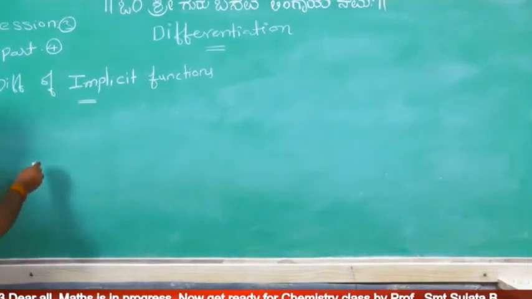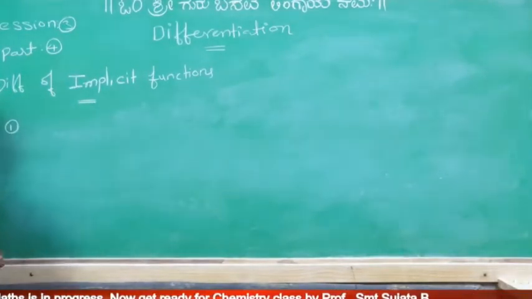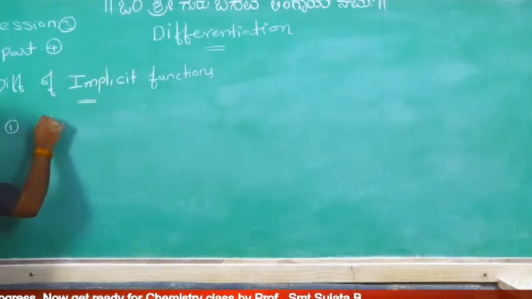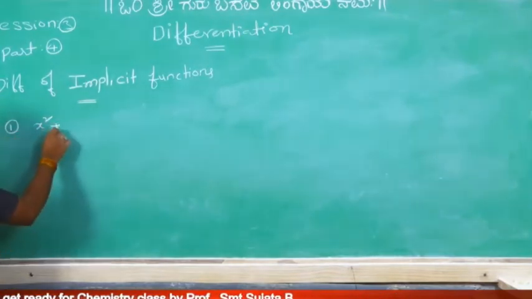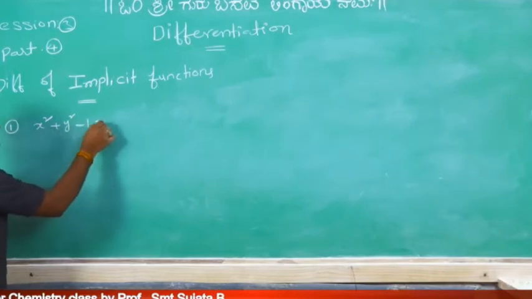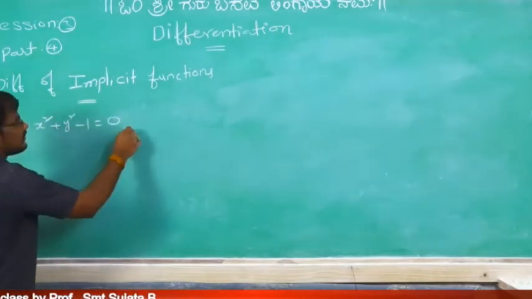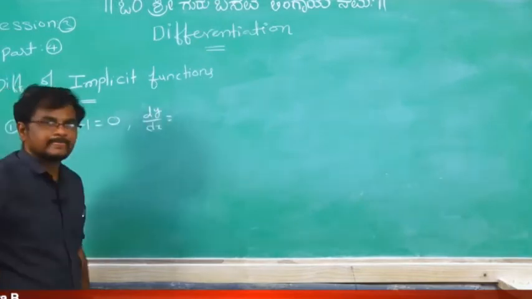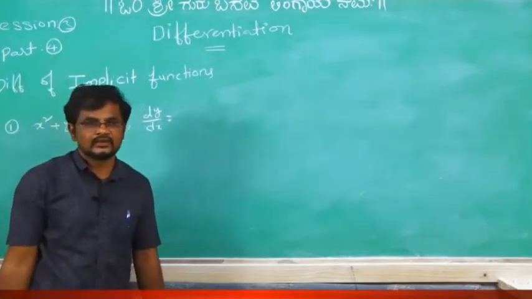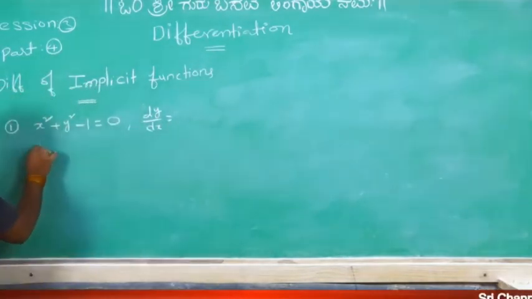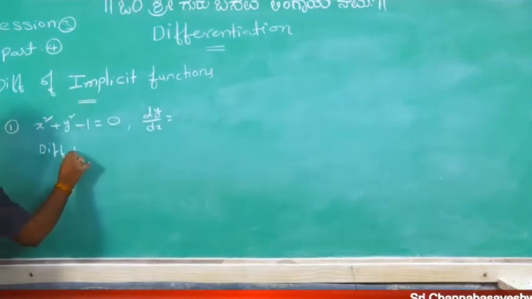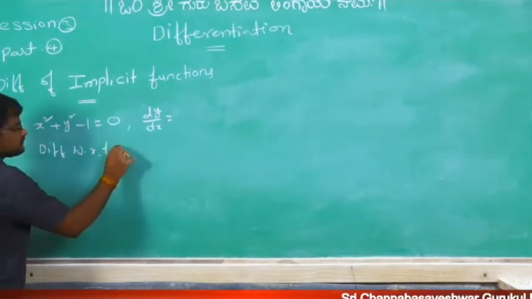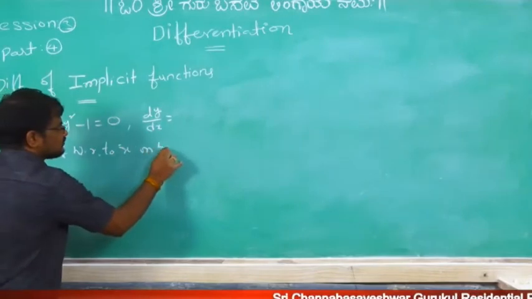Now implicit functions examples. x square plus y square minus 1 equal to 0. We have to find dy by dx. How to do? Differentiating with respect to x on both the sides.